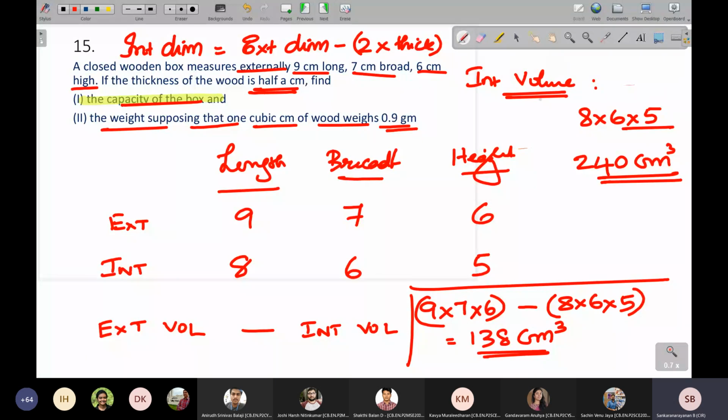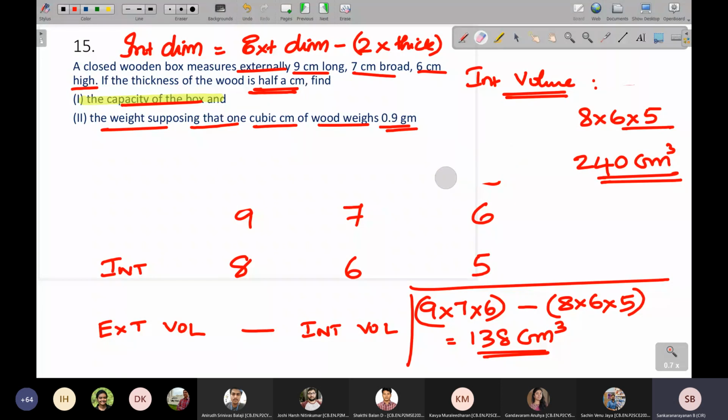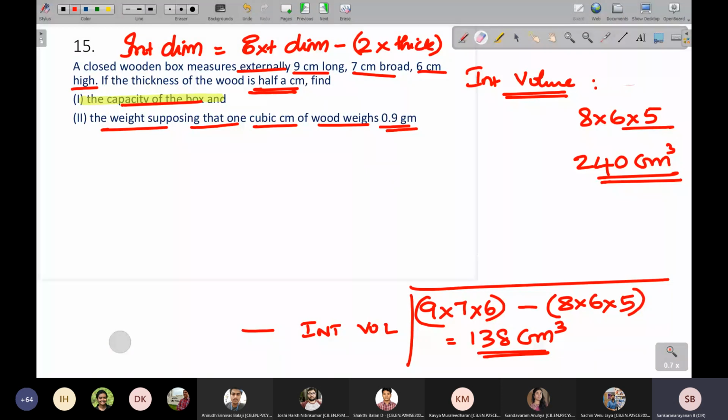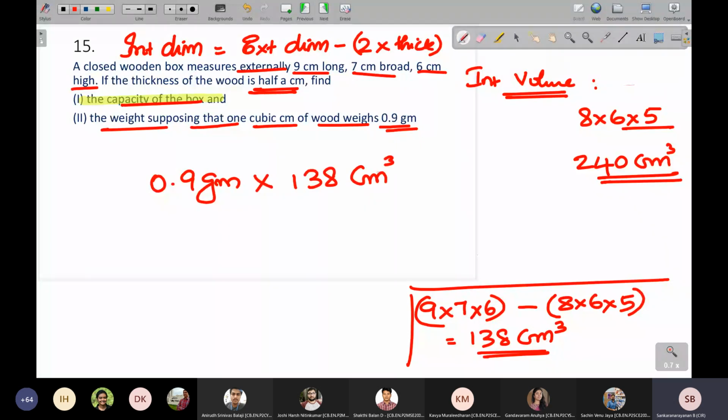Okay. Now, in the question, 1 centimeter cube of this wood corresponds to 0.9 gram. So 0.9 gram per centimeter cube of the wood. Like that, you are focusing on 138 centimeter cube of this wood.